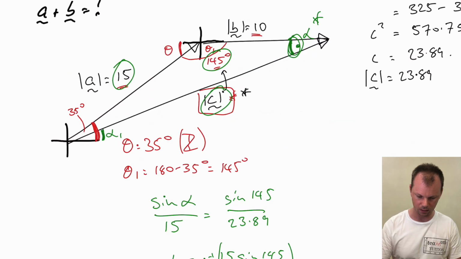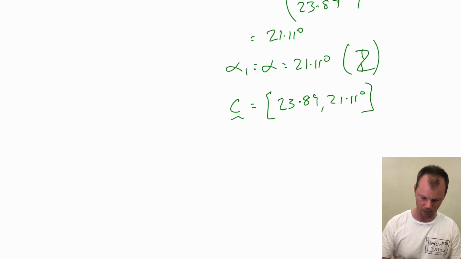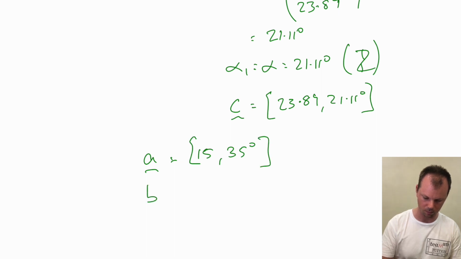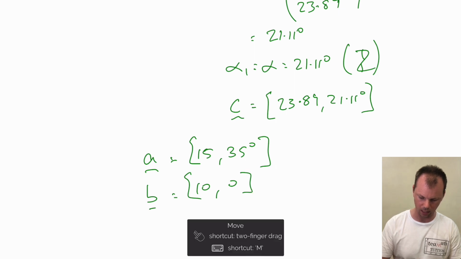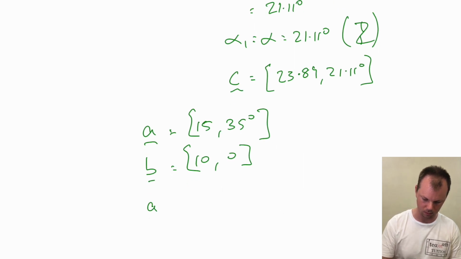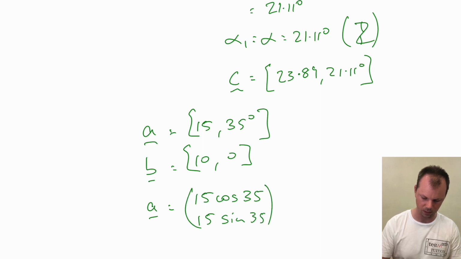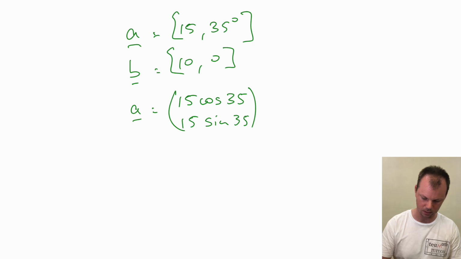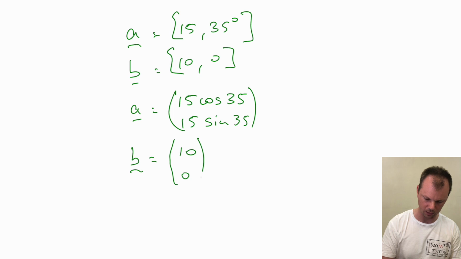So we've got 15 and 35 degrees. I'll rewrite it out down here. And B was 10 and 0. So A in component form, B in component form is just 10 and 0 because it's along the x-axis.